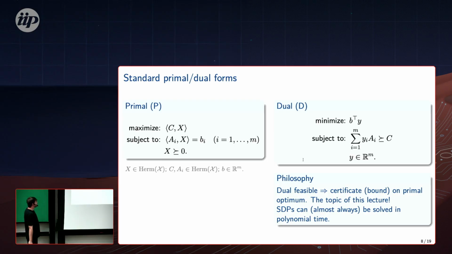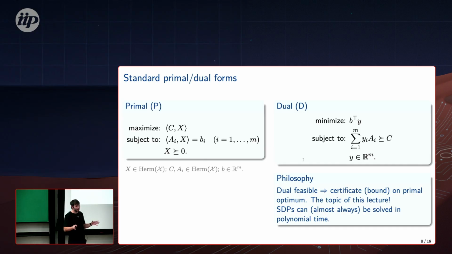So here we're optimizing over matrices, right? And in the dual, we're optimizing over vectors. We have a scalar product between the vector b and y. b is this vector of constraints, but we only optimize over vectors y for which this matrix inequality is satisfied.